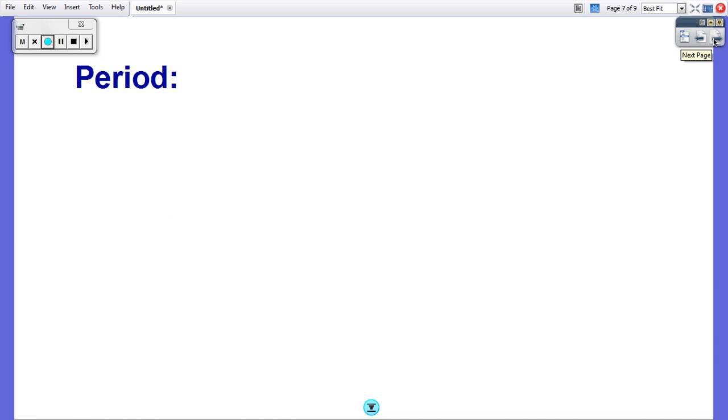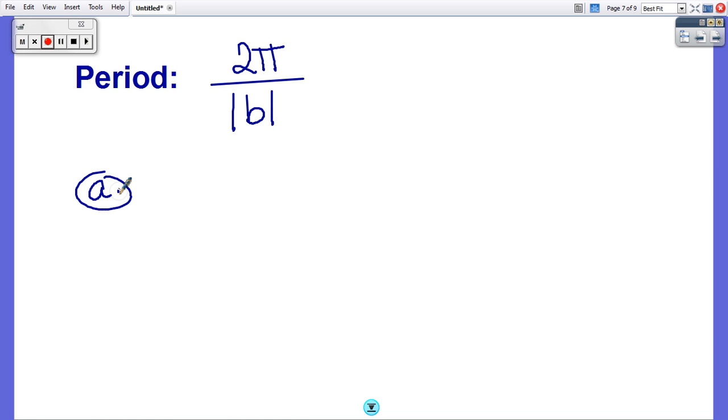Now we're going to talk about the period of a function. How you find the period of a function is you take 2 pi and you divide it by the absolute value of b. Graphically, the period is the length of one full cycle of the wave. So let's find the period of a few of these functions.